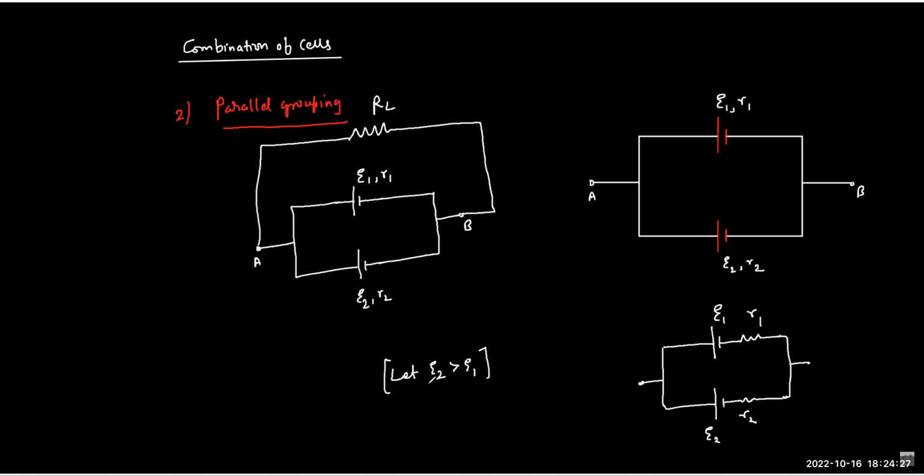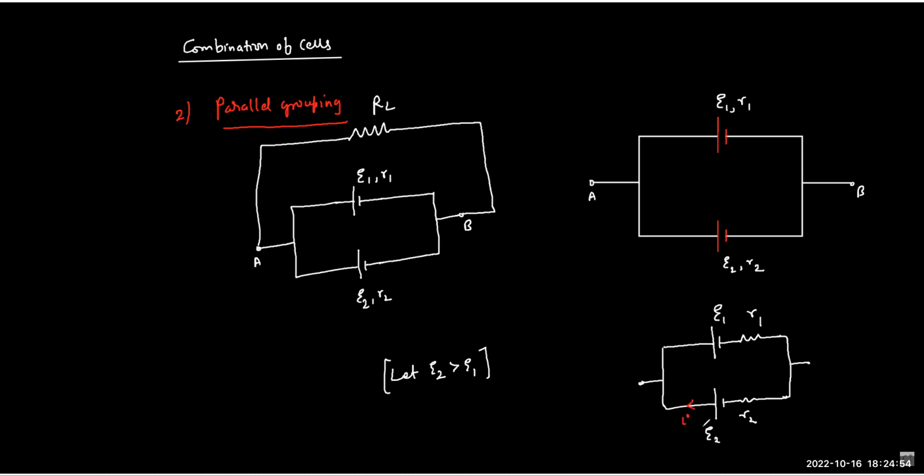And why is this assumption required? Just to make the current direction fixed in a finite way. So either it is clockwise or anti-clockwise, but it is the E1 E2 relationship which will determine the final flow of current. So if I'm assuming E2 is more than E1, then will the current be clockwise or anti-clockwise? Clockwise.